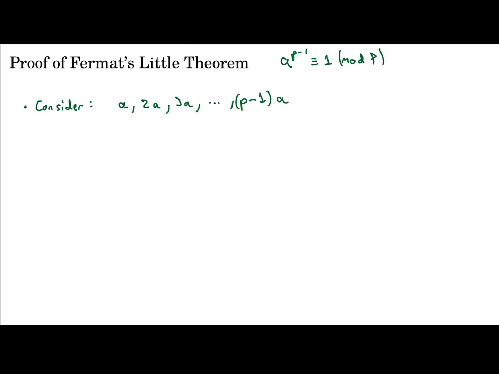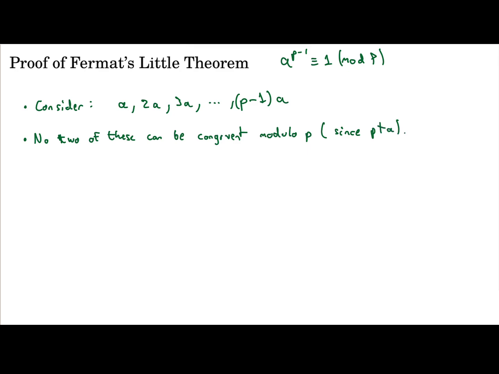The first point is that no two of these from this list can be congruent modulo p. And here, of course, remember that p does not divide a, so we need that.